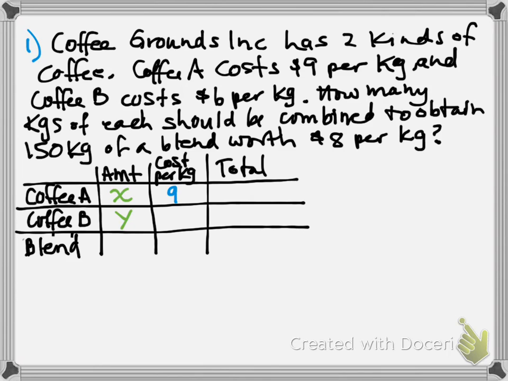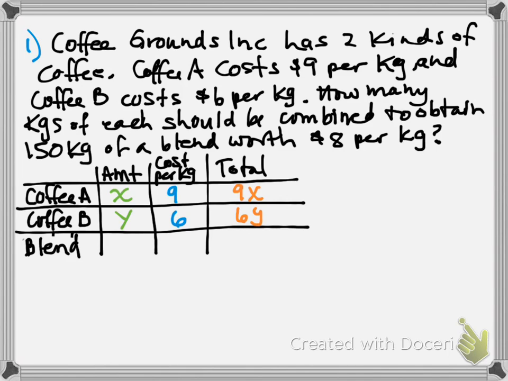No decimal points, just a simple $9. And how about coffee B? $6. So right now, I can figure out the total cost for coffee A based on X kilograms, and the total cost of coffee B based on Y kilograms. So I get 9X and 6Y.